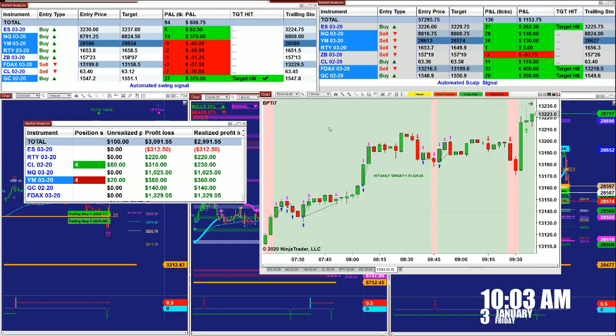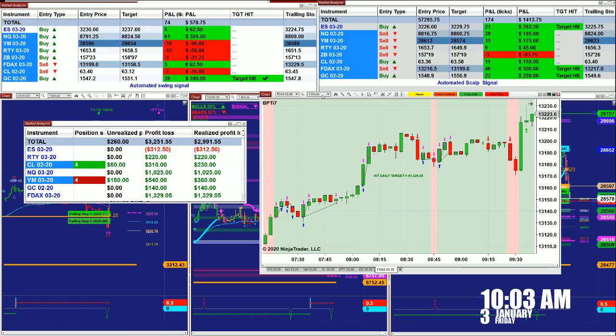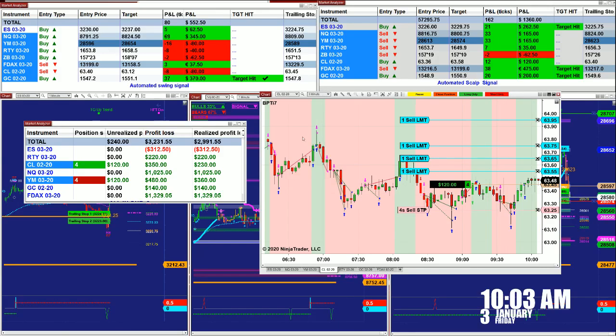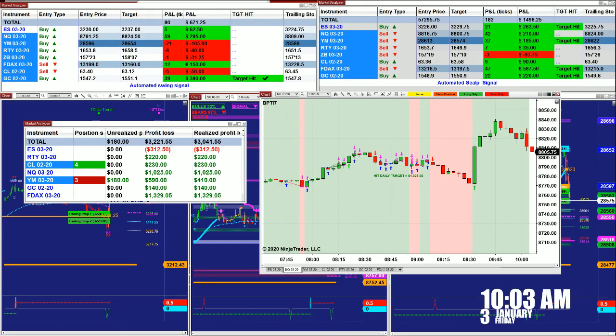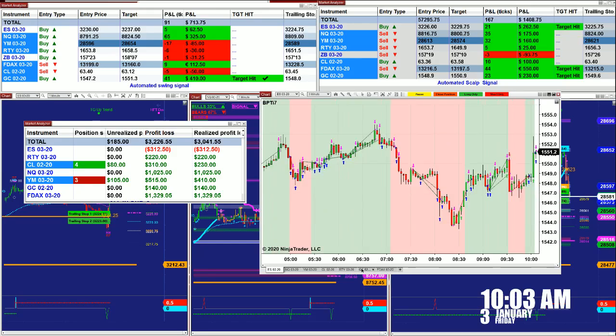So the way we are doing the final tuning, if we look at the DAX, is 3 minutes. CL is 3 minutes, NASDAQ 3 minutes, ES 3 minutes, all of them on 3 minutes.